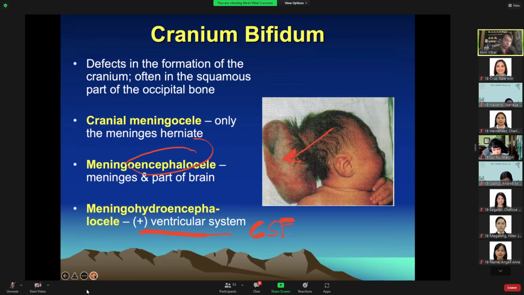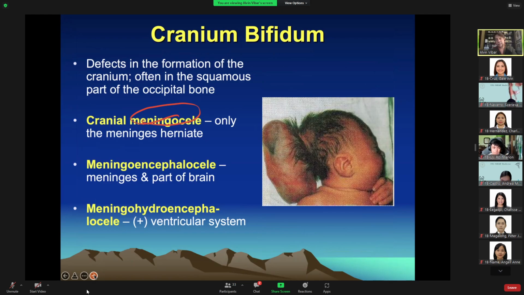Again, meningocele is without CSF. Meningohydroencephalocele has CSF. Doc, why is it that in spina bifida cystica, meningocele is meninges with CSF, but in cranium bifidum, cranial meningocele is meninges only, without CSF?